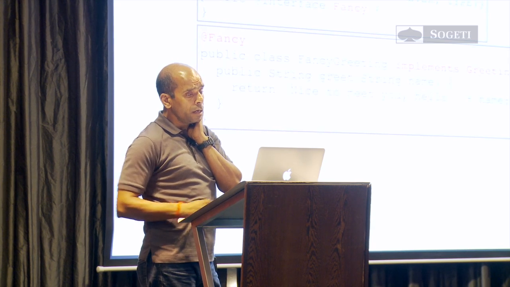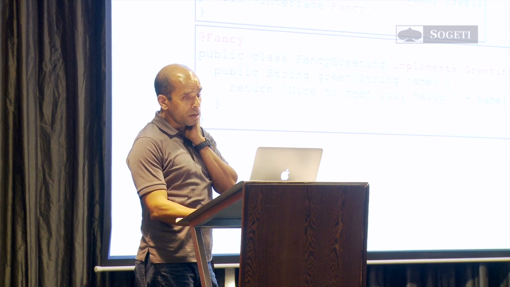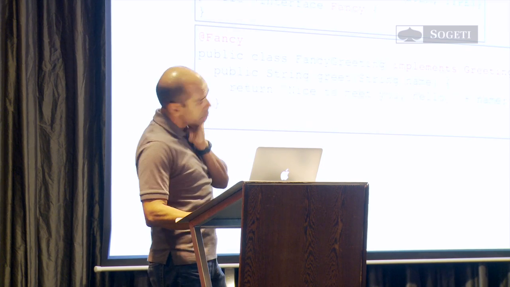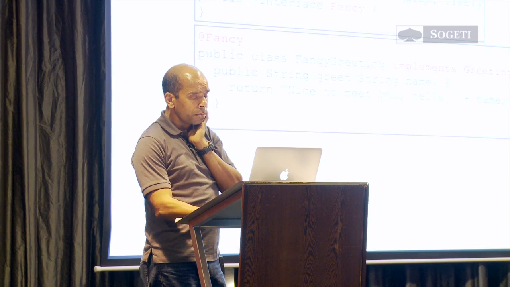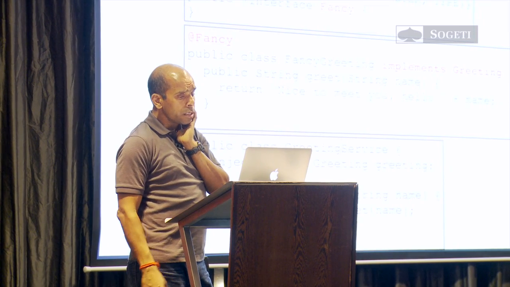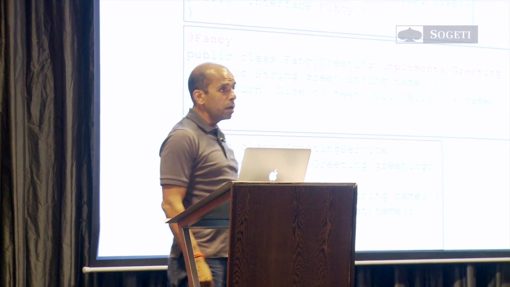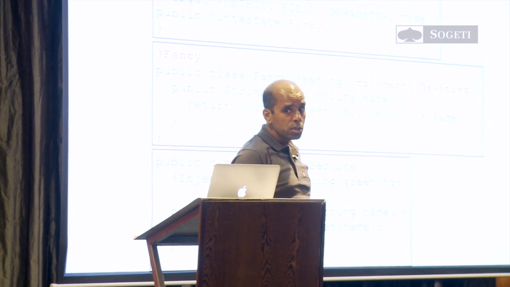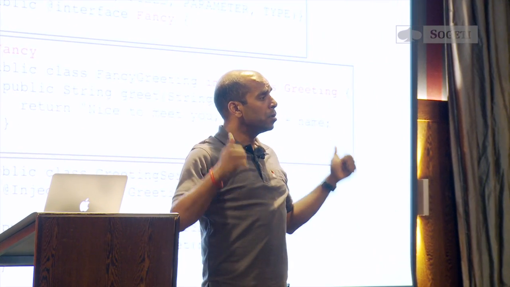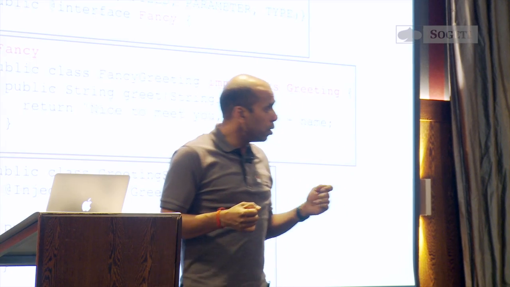And then I define FancyGreeting, which again implements Greeting here. And I qualify this with @Fancy. Now I can say inject fancy greeting. Now if the interface has multiple implementations, it'll say, I need to clearly identify which implementation you want me to inject. And that's the type-safe approach of doing it.